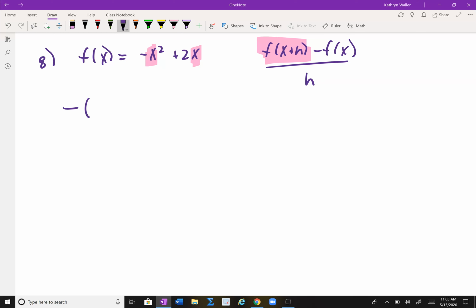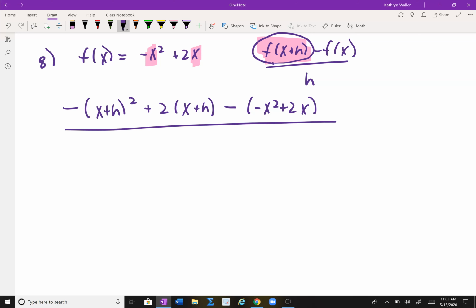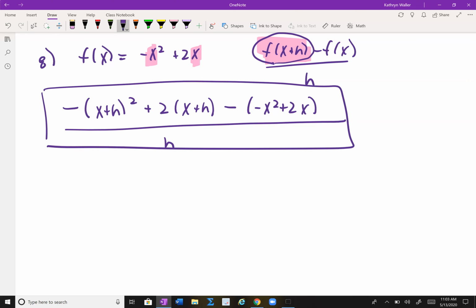So go minus parenthesis x plus h squared plus 2 times x plus h. That I just wrote is only that piece of it. Now you subtract the entire thing, and that's all over h. If it said setup, that would be your answer.